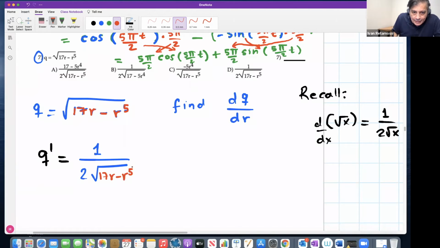Okay, and then times the derivative of this inside function, the derivative with respect to r of this 17r minus r to the 5th power. But what is this derivative?